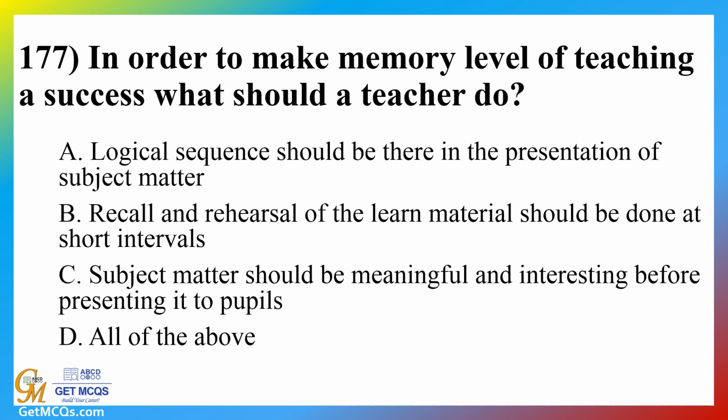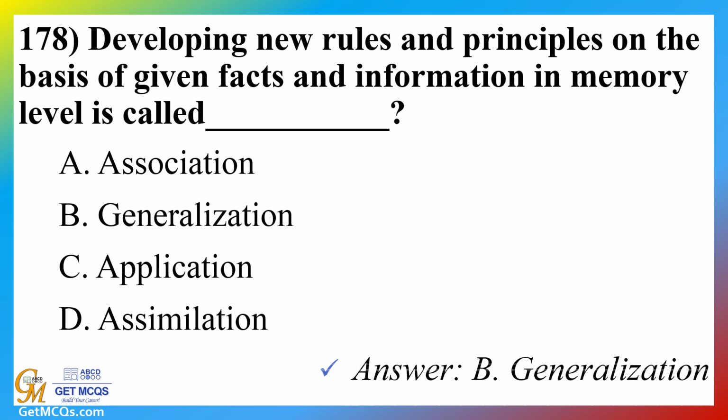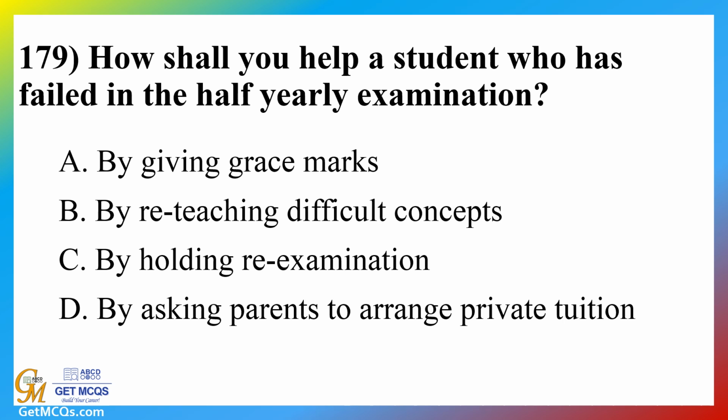177. In order to make memory level of teaching a success, what should a teacher do? Answer: D. All of the above. 178. Developing new rules and principles on the basis of given facts and information in memory level is called? Answer: B. Generalization. 179.